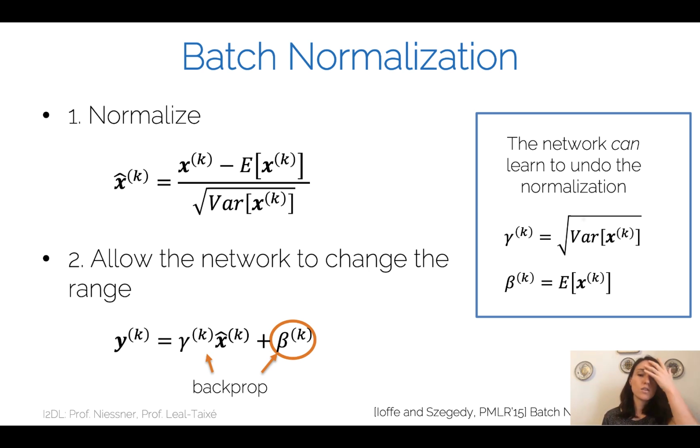This normalization guarantees that I have good and stable gradients, that nothing saturates or collapses to zero. But still, if this normalization is going to hurt the performance of the network, it can still learn to completely undo the normalization. Of course, this is not something that typically happens. Here we just want to show that it is possible to undo the normalization. So we're not taking out any freedom from the neural network.